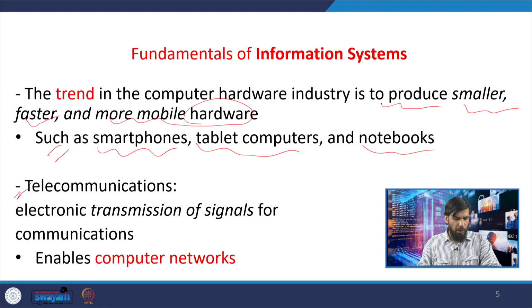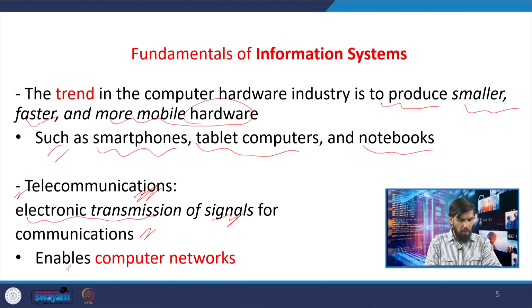Next part of the equation is the telecommunications. So what is telecommunication about? Electronic transmission of signals for communications. So for a computer to be able to connect to another computer, or for a smartphone to call or connect to another smartphone or any other computing device, electronic transmission of signals is needed, that is facilitated by the telecommunication technology.